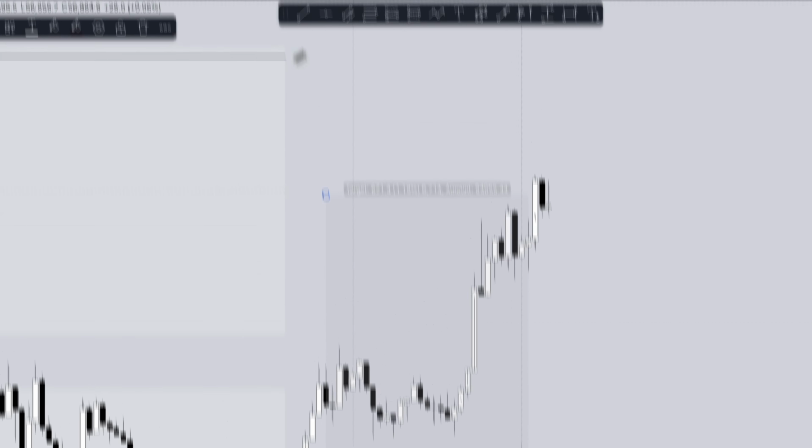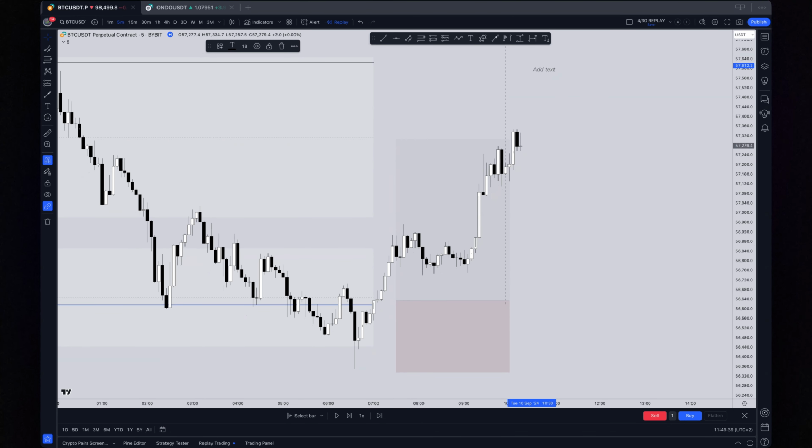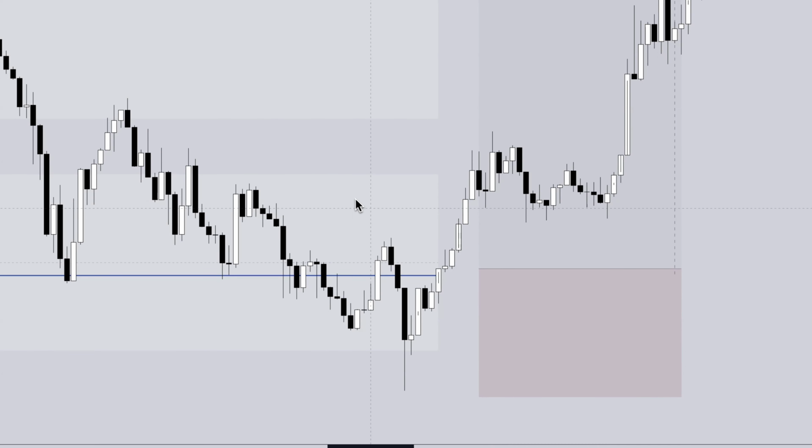So if this continues to be my downfall, keep calm, breathe, and give every candle the same amount of attention. And move with intention. Sometimes in backtesting, I move too quickly.